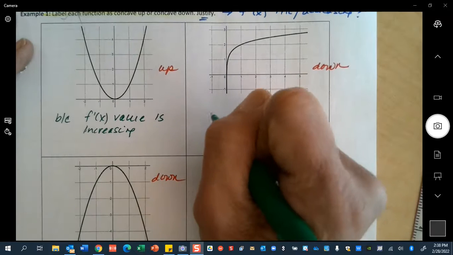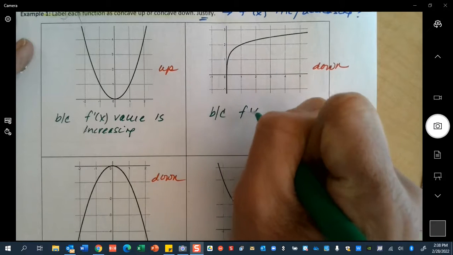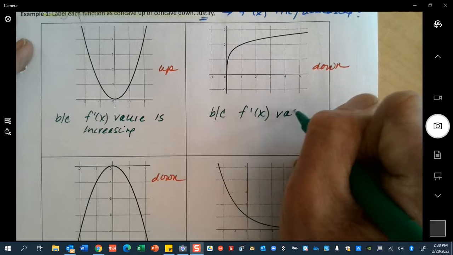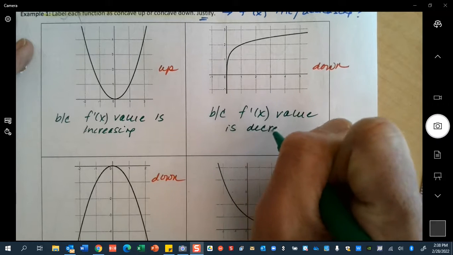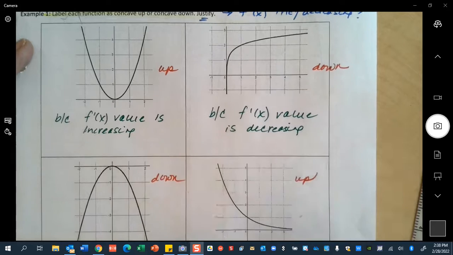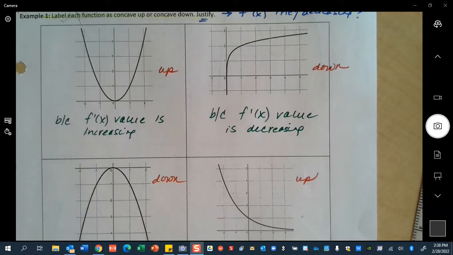So this one's going to be concave down because my derivative value is decreasing. We don't necessarily care whether your derivative is positive or negative. What we do care is what's happening to it. Is it getting bigger or is it getting smaller? If it's getting smaller, you're going to have a concave down conversation.